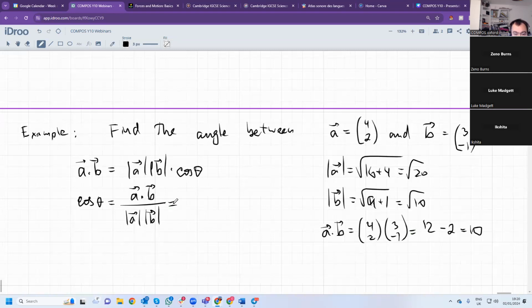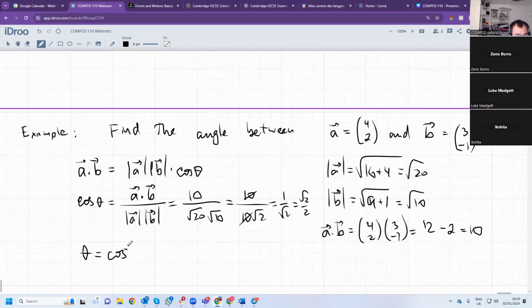So 10 divided by 10 square root of 2 is 1 over square root of 2, which is square root of 2 over 2. And theta is equal to the inverse cos of square root of 2 over 2, which is in fact 45 degrees.